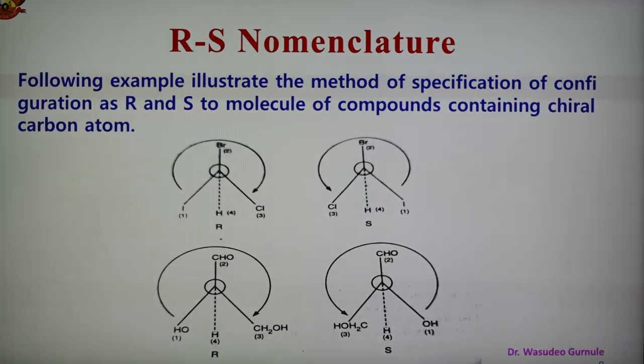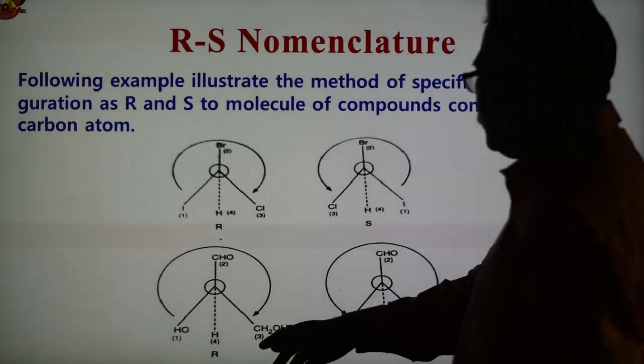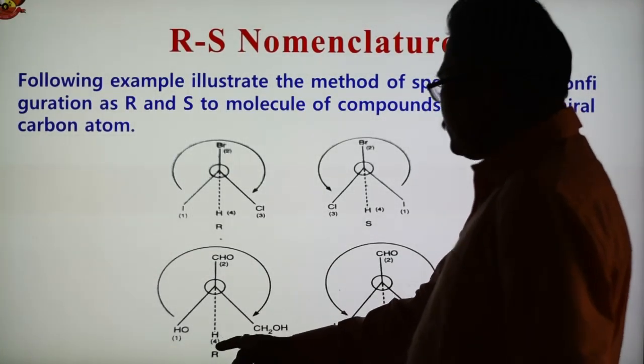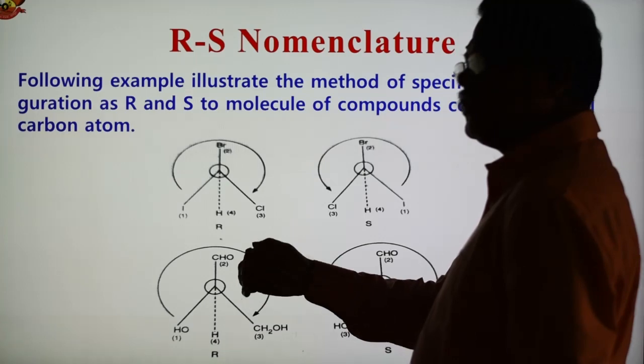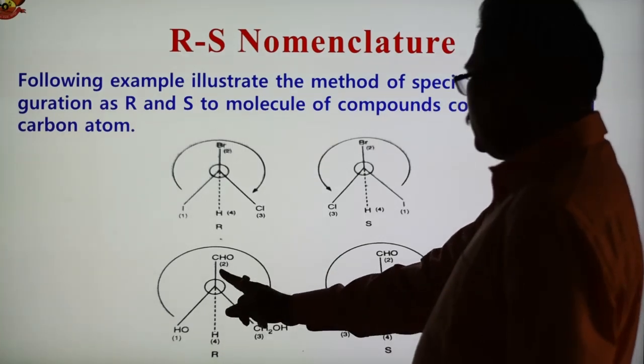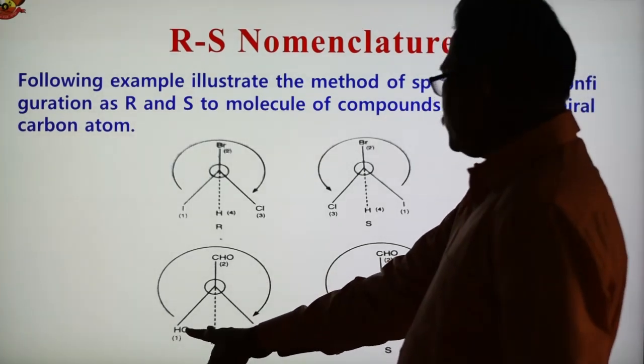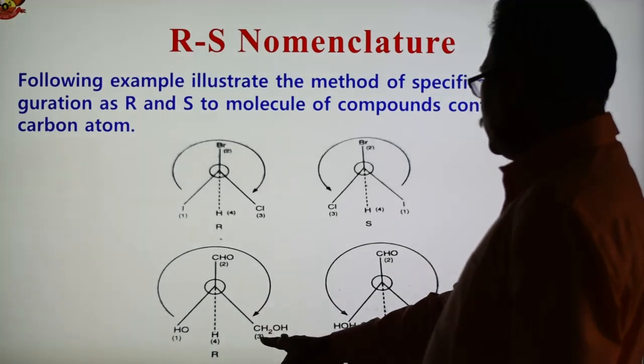It is clear now. Another example is shown here. Again the lowest polarity is number 4, shown by dashes. It is away from us. Now these 3: this is first, 2, and this is 3.